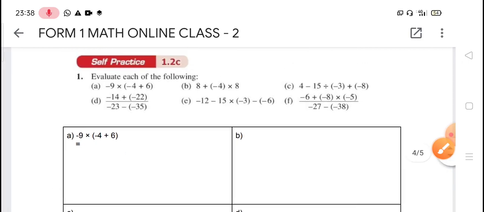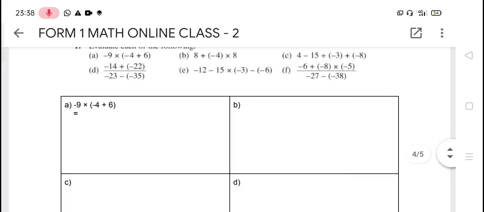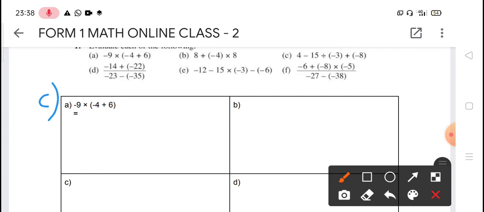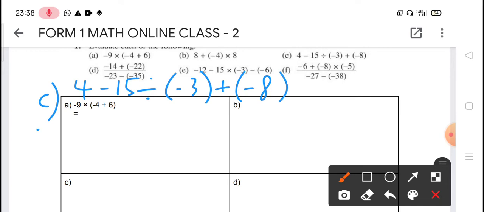I will do question C here. We'll get 4 minus 15 divide negative 3 add negative 8. Okay, so what we should do is, we do division first.